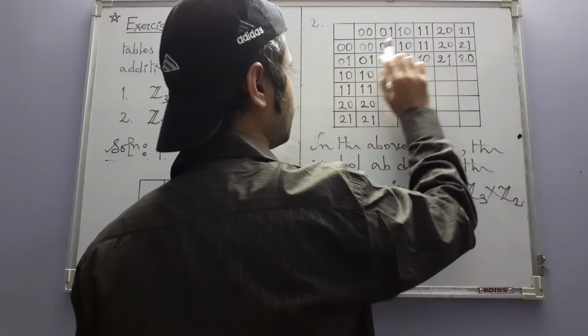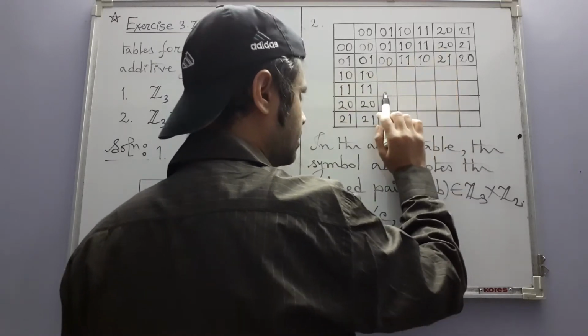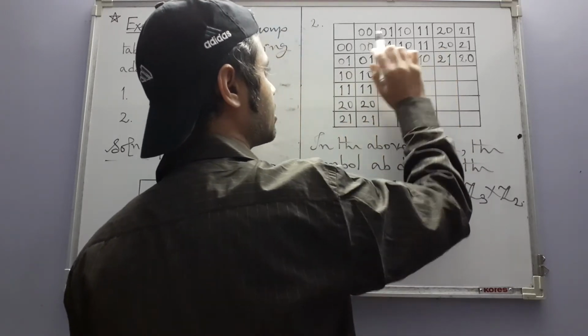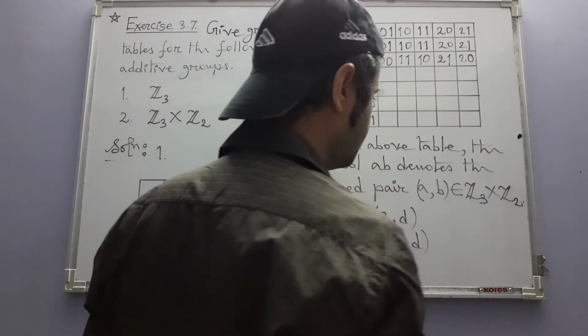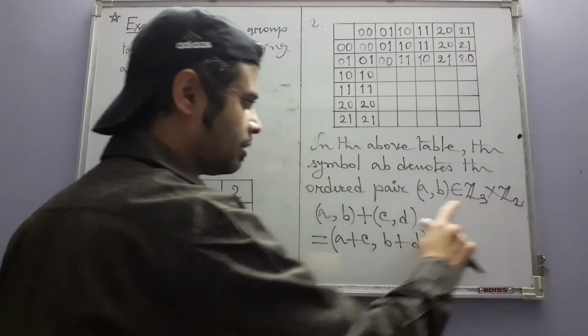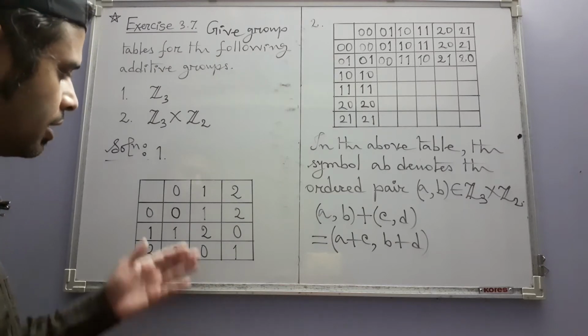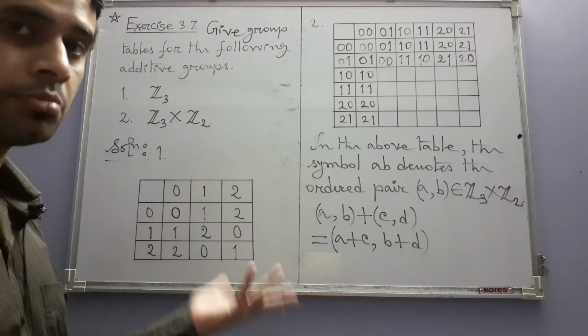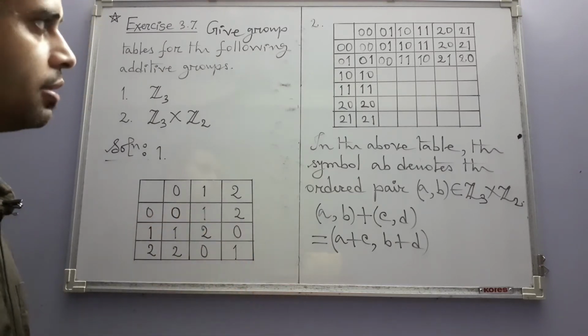Here you have 0 1 plus 1 1, in this cell you have 1 1 plus 0 1, and we know that the binary operation in this group, like the previous one, is commutative, so the order does not matter.